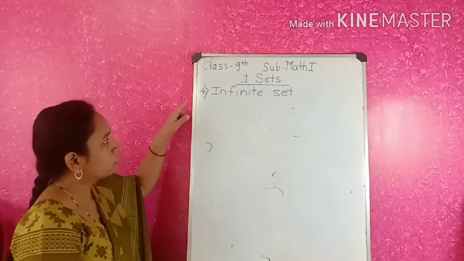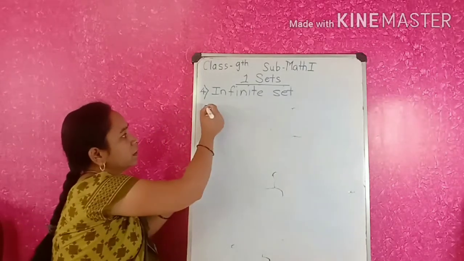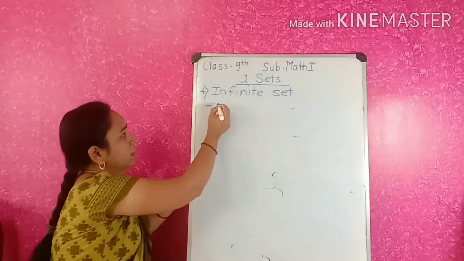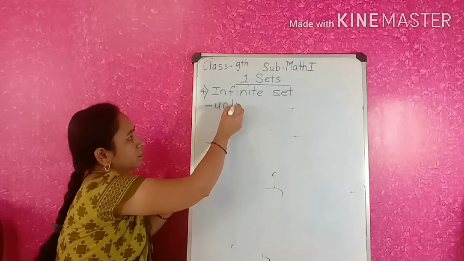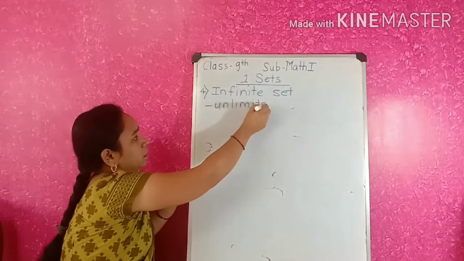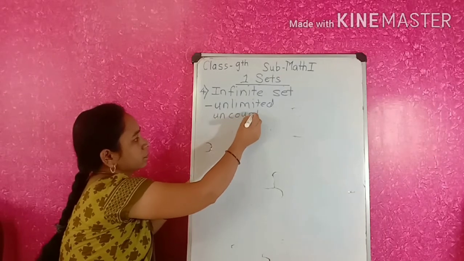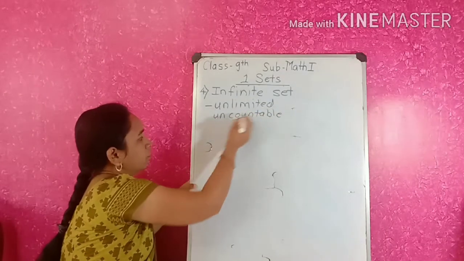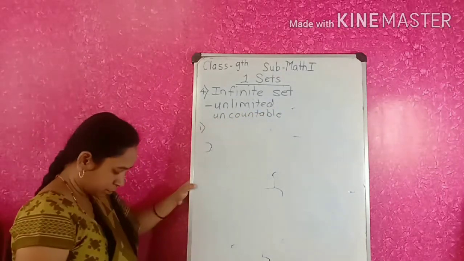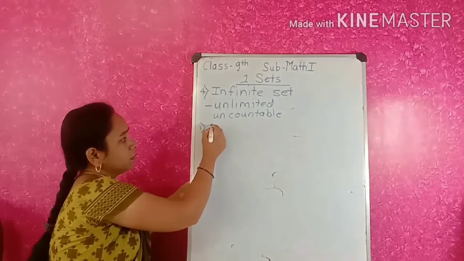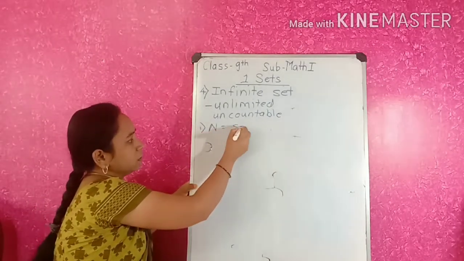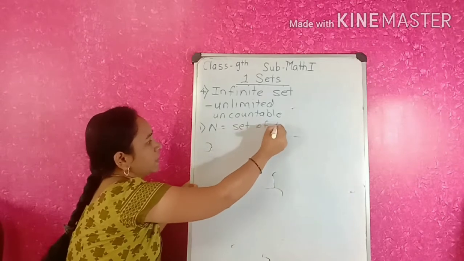Fourth set, infinite set. Here the elements are unlimited and uncountable. For example, I consider the set of natural numbers.